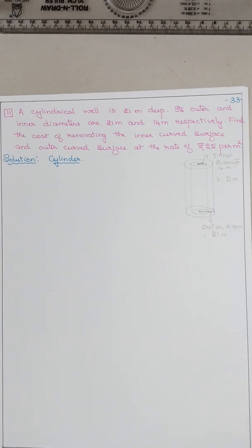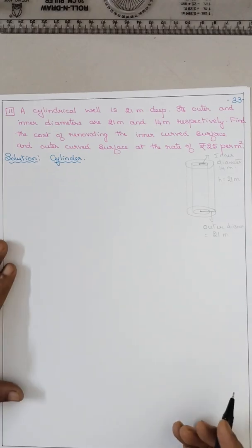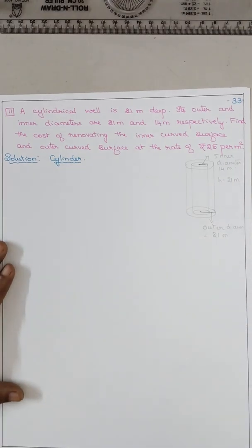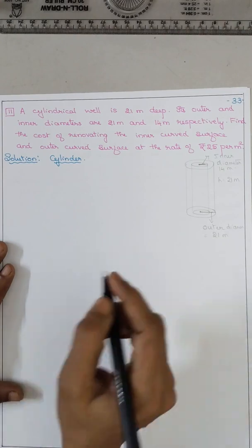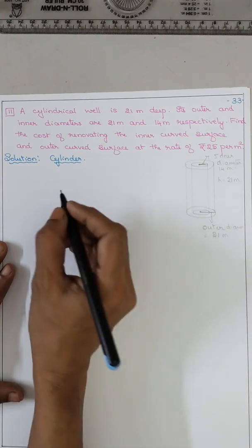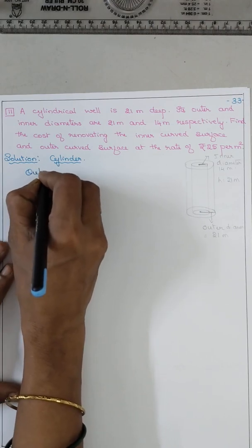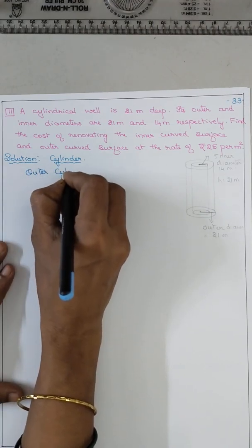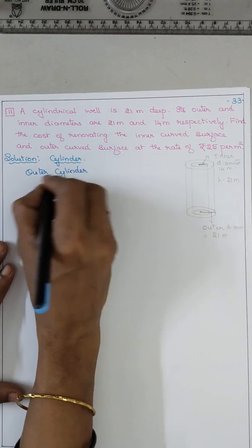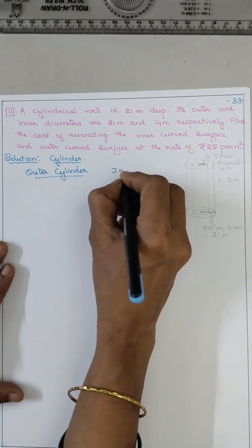So it is the inner cylinder and the outer cylinder. The shape is a cylinder, but there are two cylinders, inner cylinder and outer cylinder. So we'll write outer cylinder, then inner cylinder.